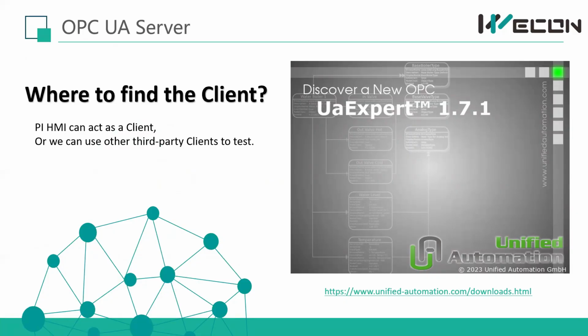Just like I said, our AC series PLC can only act as the OPCUA server. So if we need a client to check the communication, we can use some third party clients, like this client on my screen, UAExpert. After this class, I will send the software into our group, and you can download it to test it.